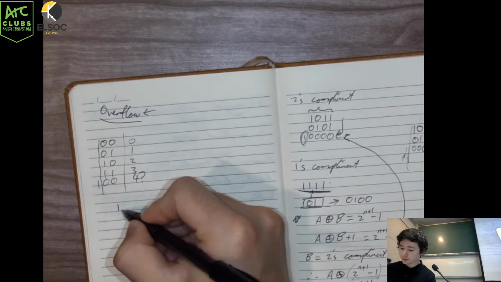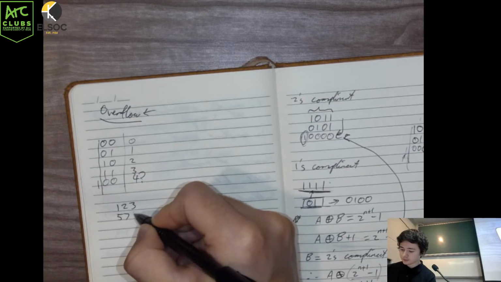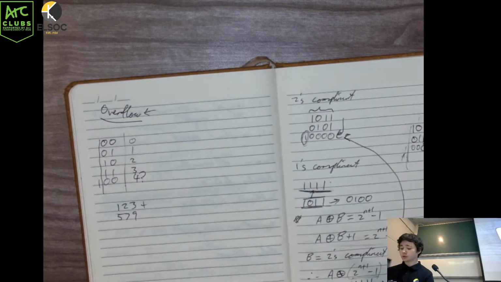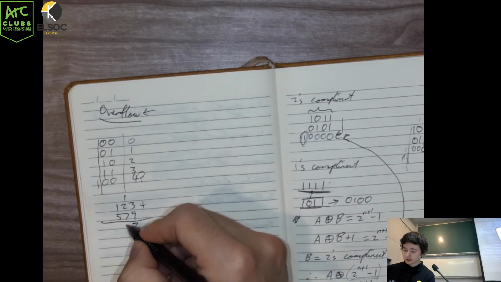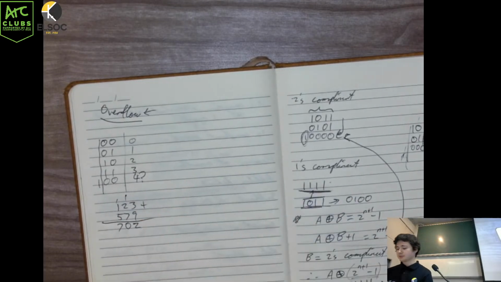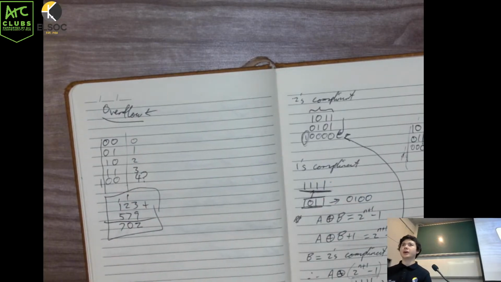So in the same way that I might go 1, 2, 3 plus 5, 7, 9, just in decimal. Let's hope that I'm able to do this. We carry a 1, get 7. Really, we're just doing this same thing in binary.